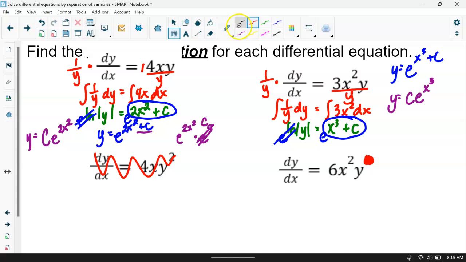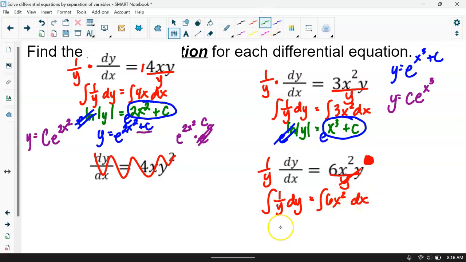And here we go. So again, we're going to divide by y, which is the same as 1 over y. So then here I've got the integral of 1 over y with respect to y, which is equal to the integral of 6x squared with respect to x.